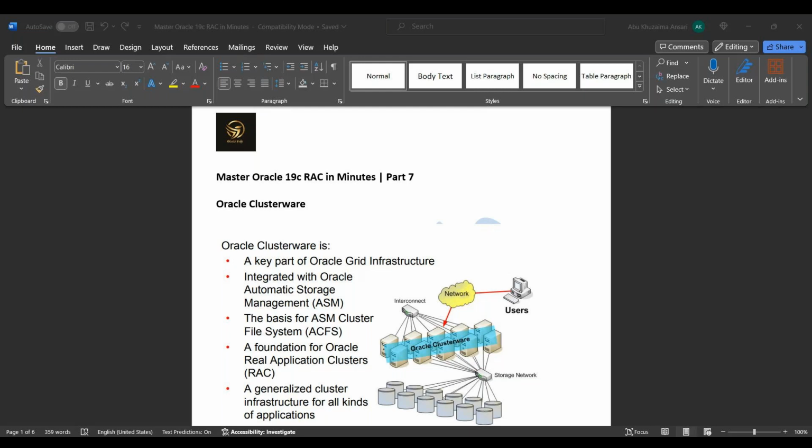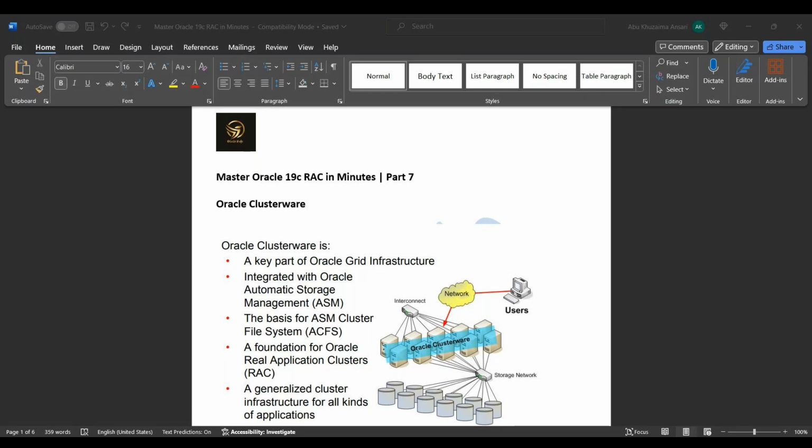Grid infrastructure is the collective term used when anyone is talking about Oracle Clusterware, ASM, and ACFS. These components are so tightly integrated that they are often collectively referred to as Oracle grid infrastructure.